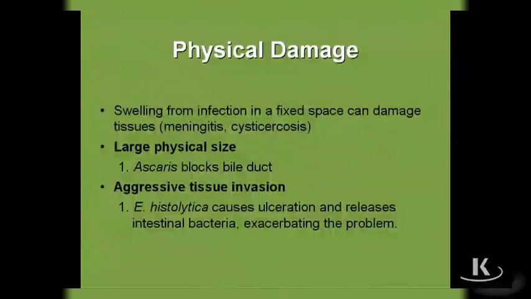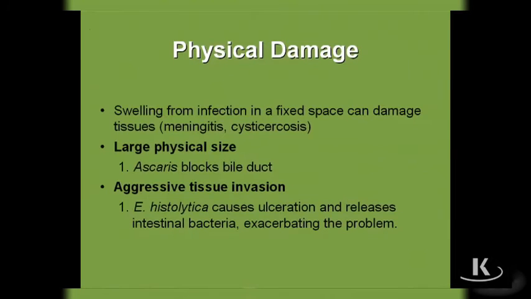If you have an overwhelming ascarid infection, I would be an Ascarid if I had an Ascarid infection. But if you had an overwhelming infection with Ascaris lumbricoides, which is the largest roundworm, it can actually block the bile duct. It can actually block the gut if the worm burden is really high. So the physical size can cause damage as well.